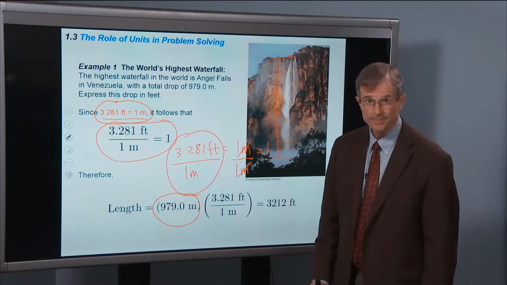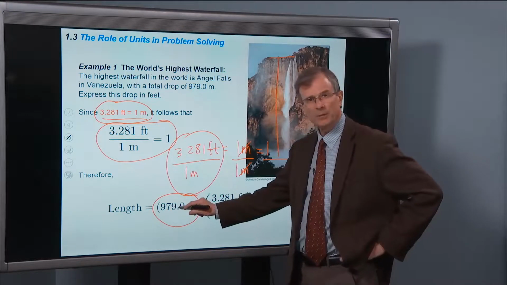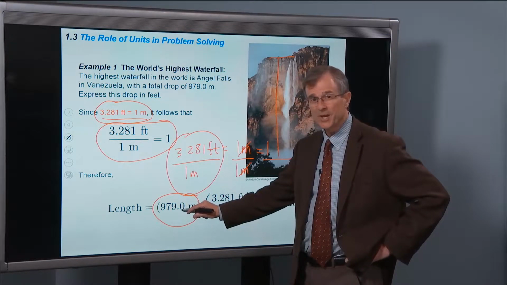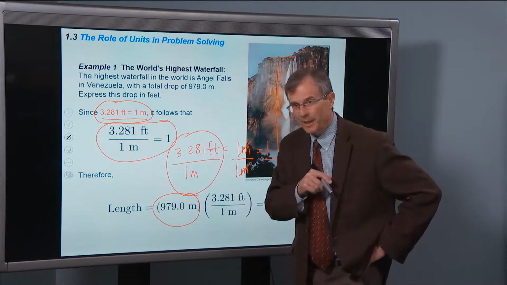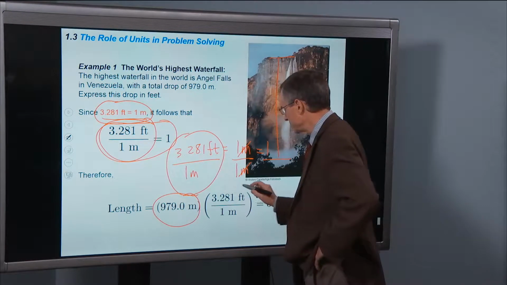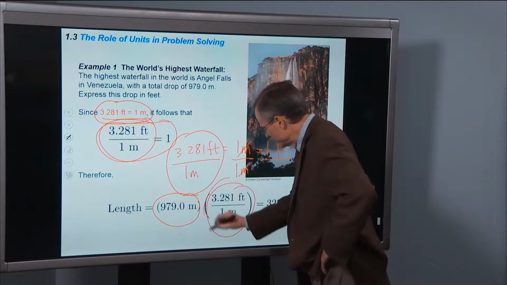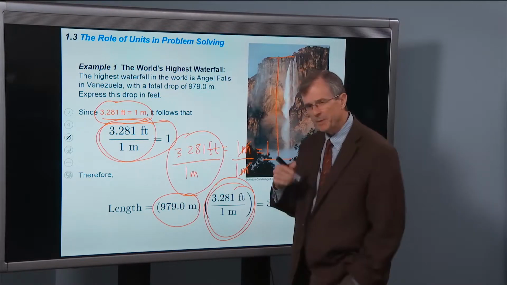So if you have something that's expressed in meters, as you do in this particular case, 979 meters, and I want to convert it to feet, then I can certainly multiply this number by 1. And it won't change it. But the one that I'm going to multiply it by happens to look like this, 3.281 feet over 1 meter. This thing right here equals 1. So that's what we mean by conversion factor.